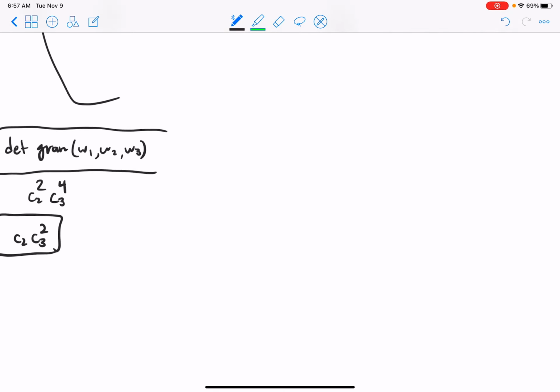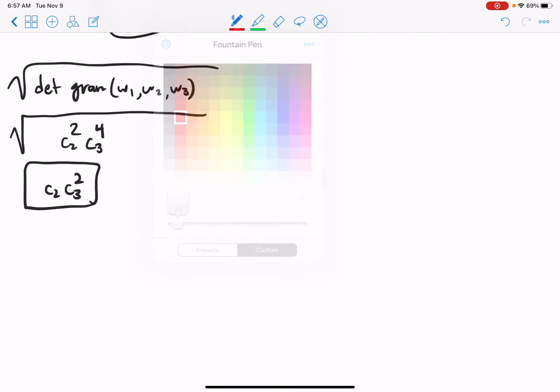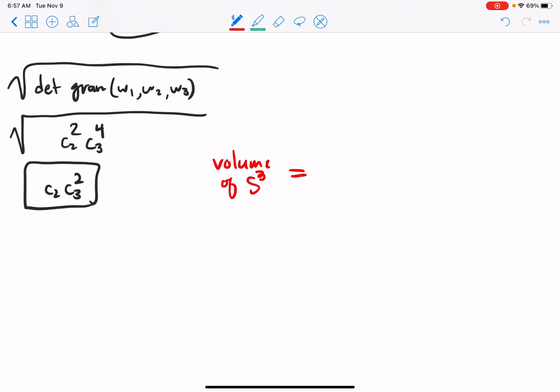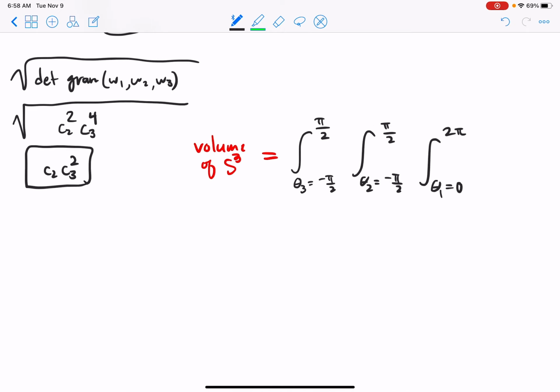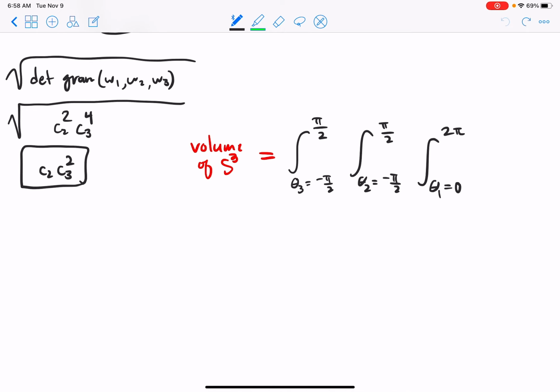And so our final integral says that the volume of S3 is equal to the integral from theta 3 equals negative pi over 2 to pi over 2, from theta 2 equals negative pi over 2 to pi over 2, theta 1 equals 0 to 2 pi. That was our original circle where we had to circle all the way around. And we integrate the function 1 times the change in volume factor, which is the cosine of theta 2 times the cosine of theta 3 squared.